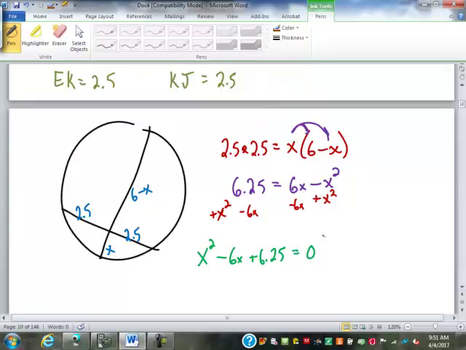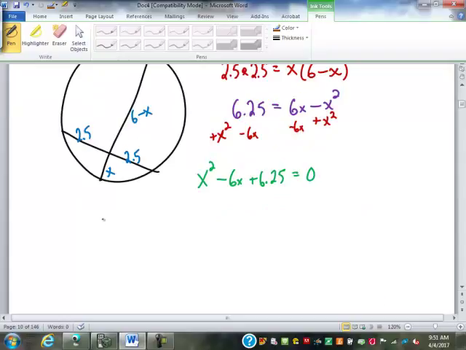I now need to solve this. I could factor, I could complete the square, or I'm going to show you there's a really fun formula for this. Where A is the number multiplying the x squared, which in this case would be 1. Where B is the number multiplying the x, in this case that's a negative 6. And C is the number all by itself, in this case 6.25.